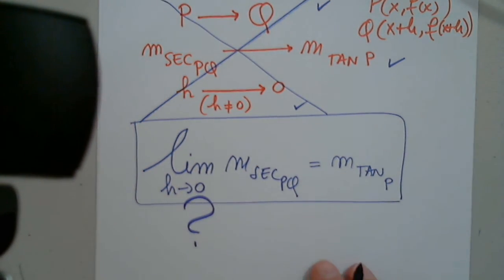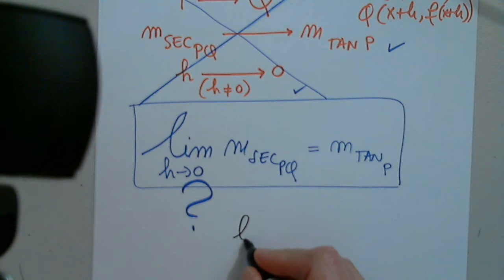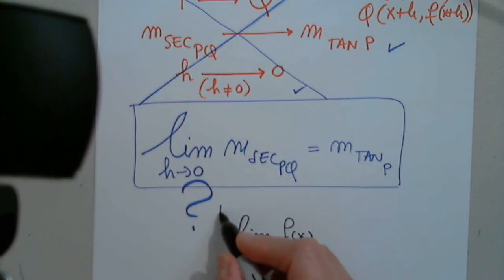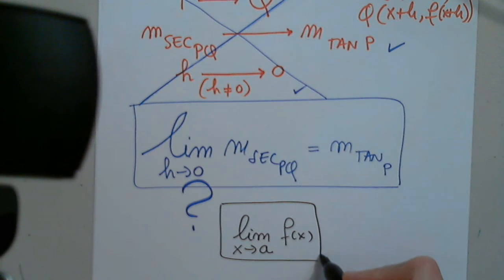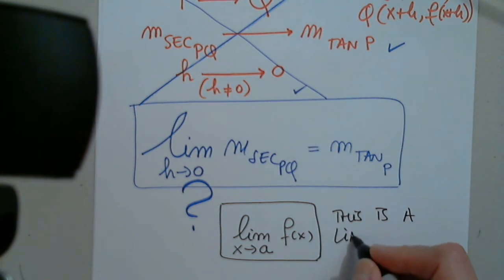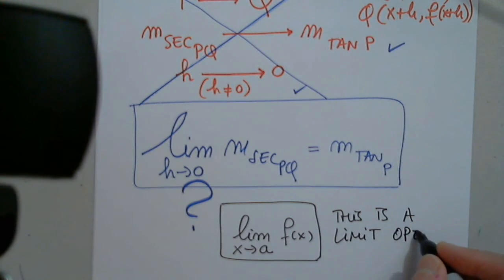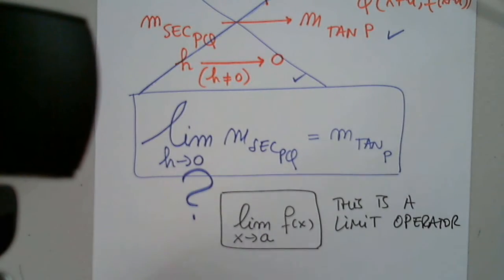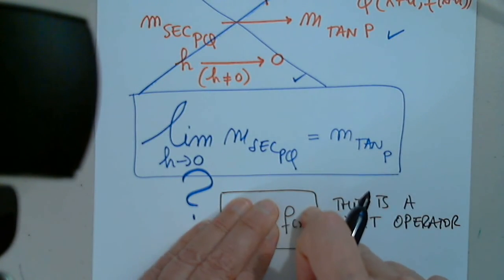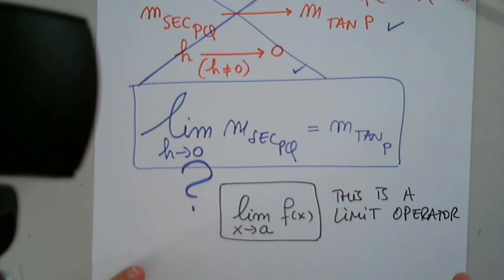What is this lim? The limit in general, as x approaches a of f of x, is a limit operator. What's an operator? Something that I apply to a function is an operator. Do we know operators?